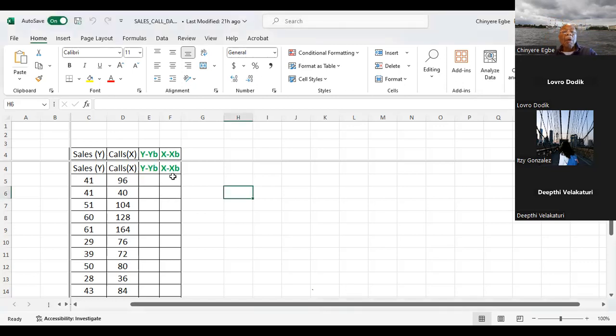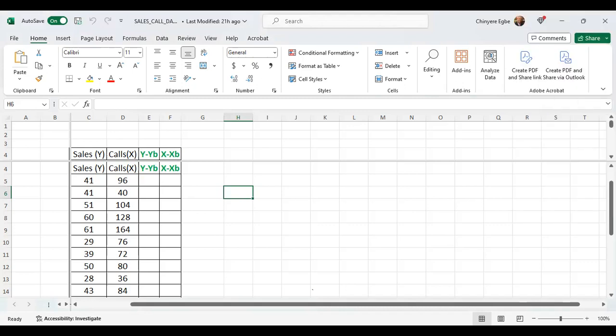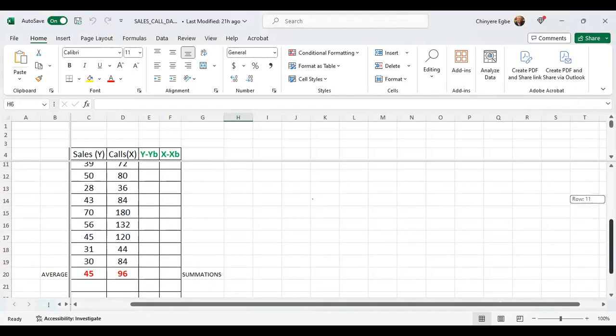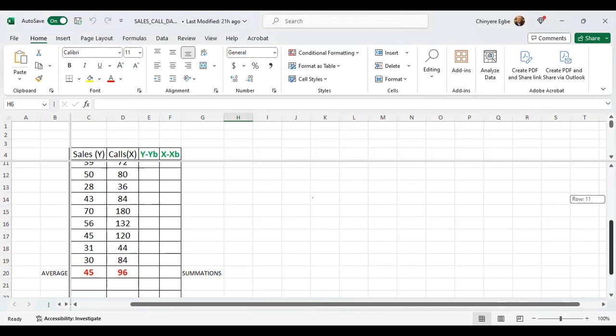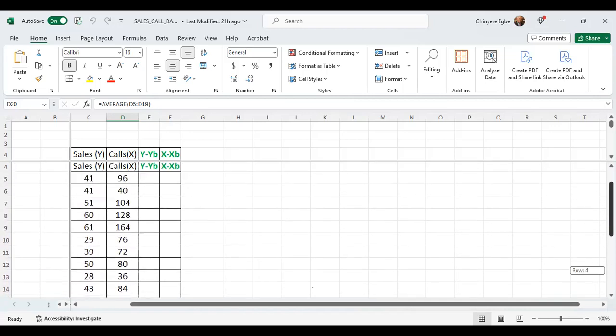So in order to get Y minus Y bar, you must first get Y bar, which is the mean. Here you have the average of Y. Here you have the average of X, and they are located in row 20.